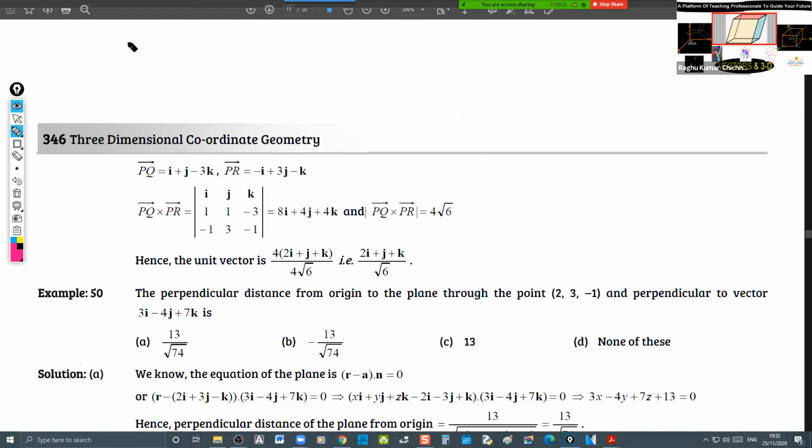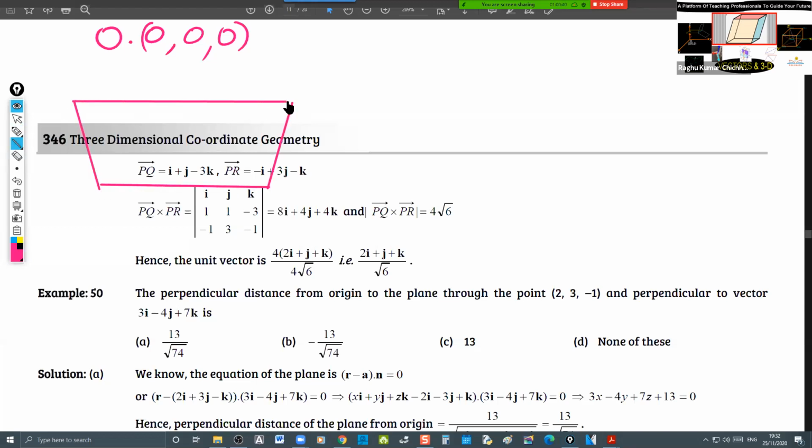You have to find out the perpendicular distance from 0, 0, 0, the origin, to a plane. That plane's equation is not directly given, but indirectly given.